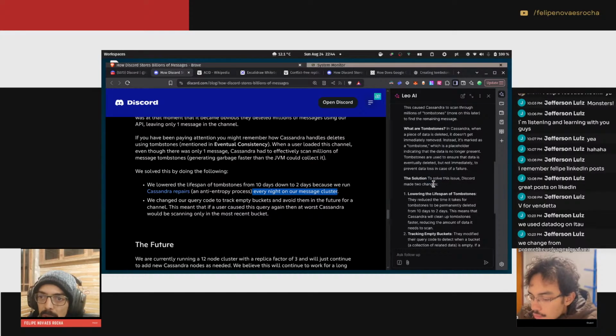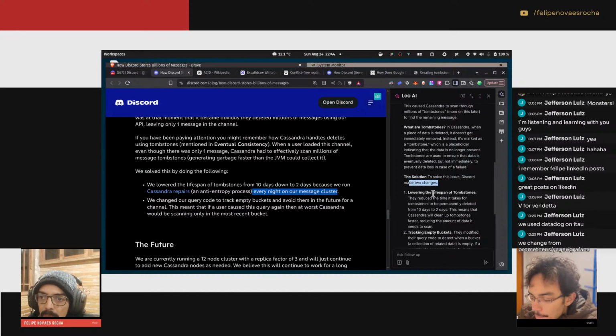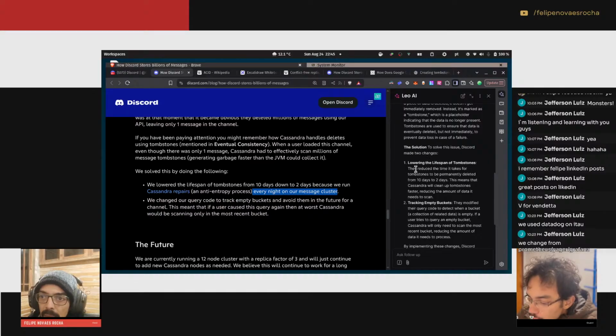To solve the issue, Discord made 2 changes. Lowering the lifespan: they reduced the time it takes for the tombstone to be permanently deleted from 10 days to 2 days. It means that Cassandra will clean up tombstones faster, reducing the amount of data that needs to be scanned.